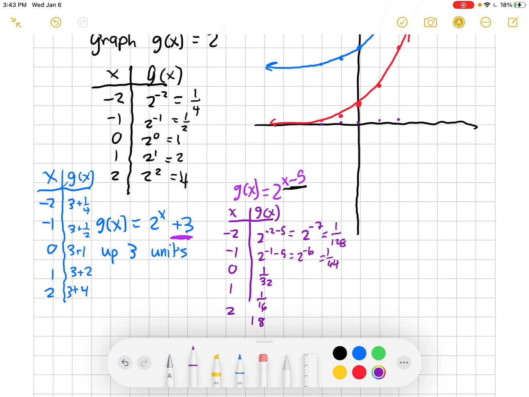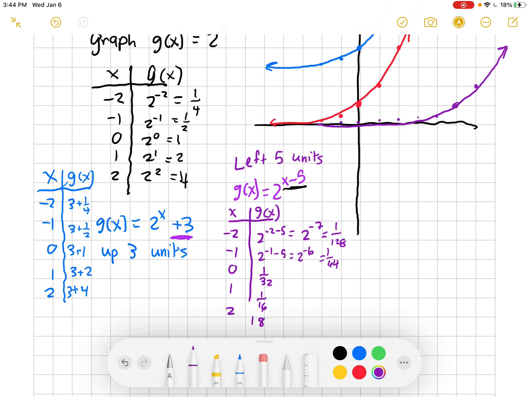If we were to keep going, we would eventually run into it looking something like this. Meaning it's been shifted to the left 5 units. All right.